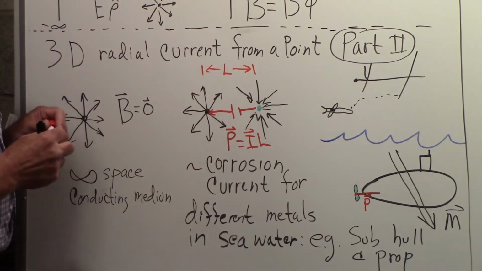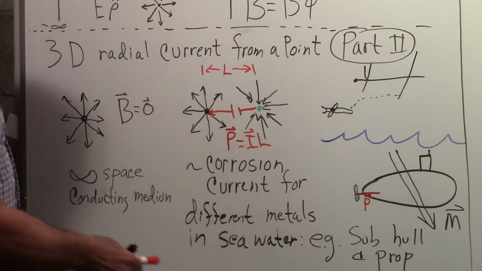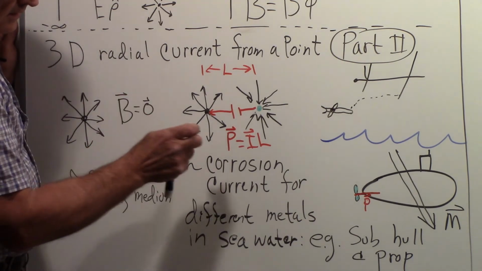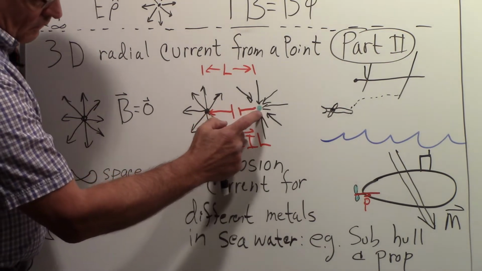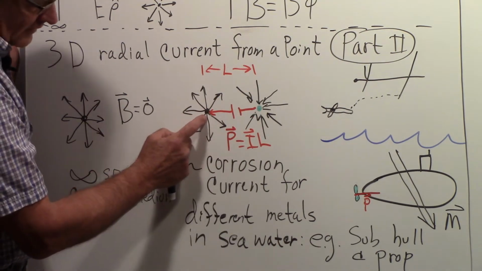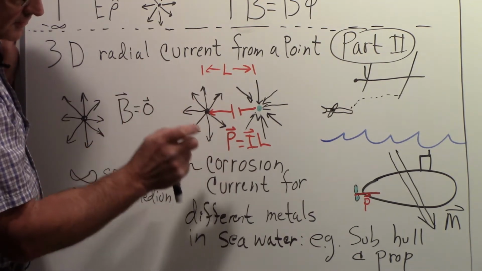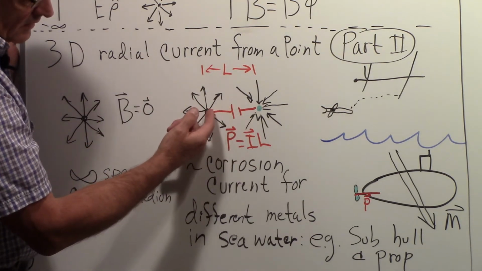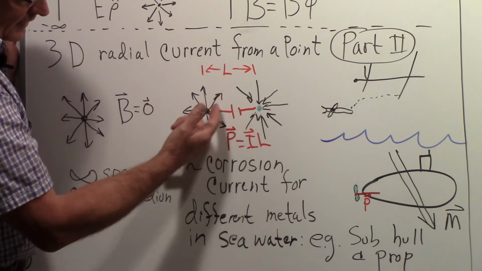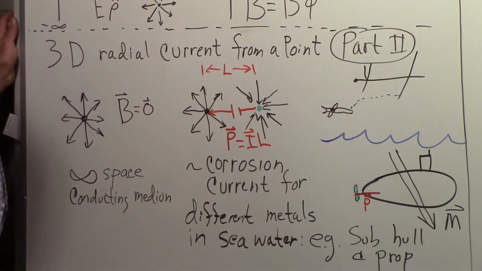Again, we're looking at that as an approximation to one metal here, a different metal here, in an electrolytic solution. They're corroding, a corrosion current is flowing, and we're connecting one with the other with an insulated wire of some sort.